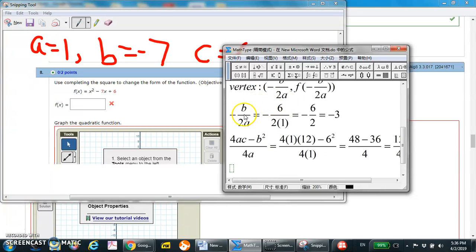So if we compute the negative b over 2a, this is 7 over 2 times a, so the answer is going to be +7 over 2.